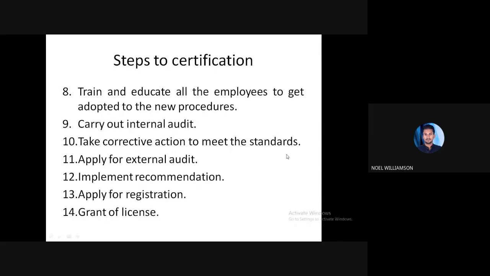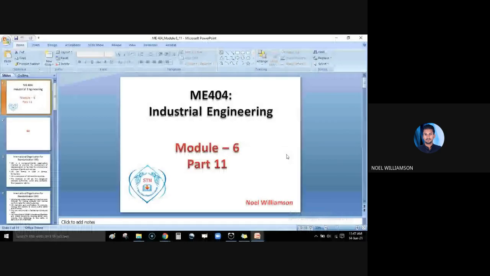Now we will see the next concept, that is Six Sigma concept and DMAIC.